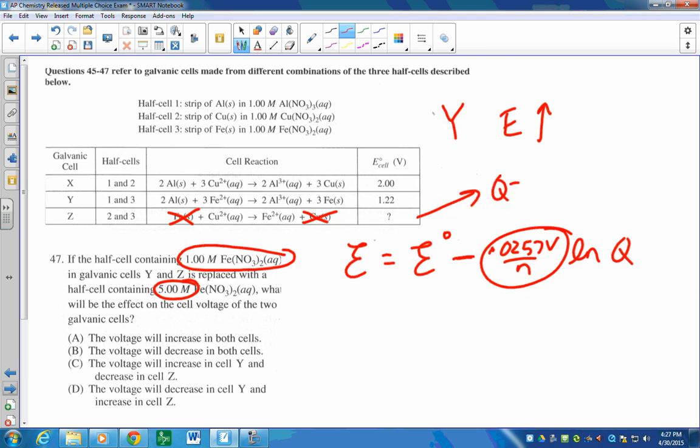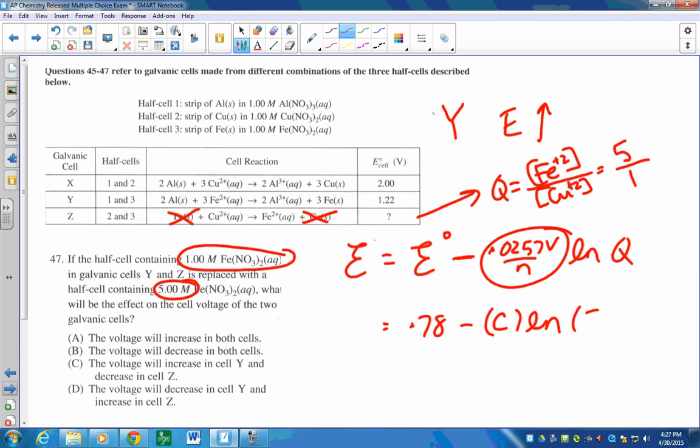Q is the concentration of the iron ions over the concentration of the copper ions, which is 5 over 1. So if you do this, 0.78 minus some constant times the ln of 5, well, the natural log of numbers bigger than 1 is positive. So this is going to be 0.78 minus some positive number, which means the cell voltage is going to drop.